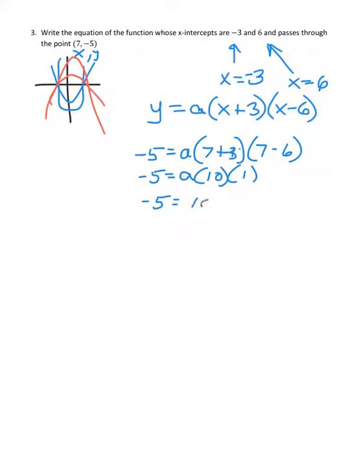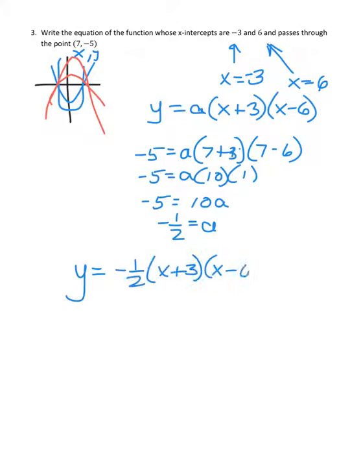Our convention is to put the coefficient in front of the variable, and I'm going to divide both sides by 10, and I end up with actual compression and a reflection over the x-axis because it's negative. So our final function here is y equals negative 1/2 times x plus 3 times x minus 6.